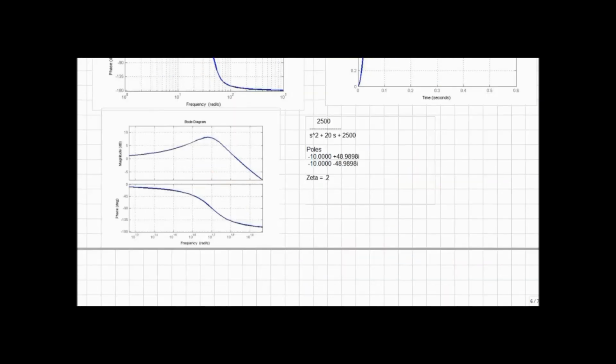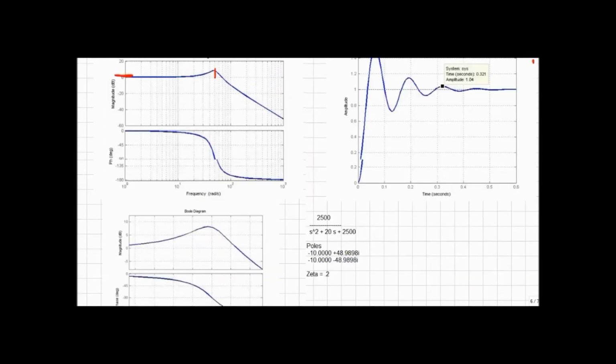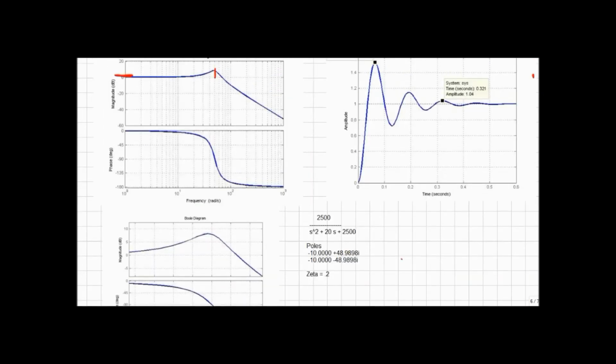Our half power method says that if we look at our peak in our magnitude plot, we have some peak magnitude here, and if we look for our max up here and I come down 3 dB, that's half power, and I look for omega 1, omega 2.